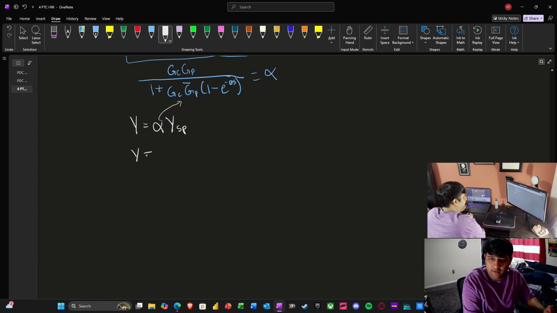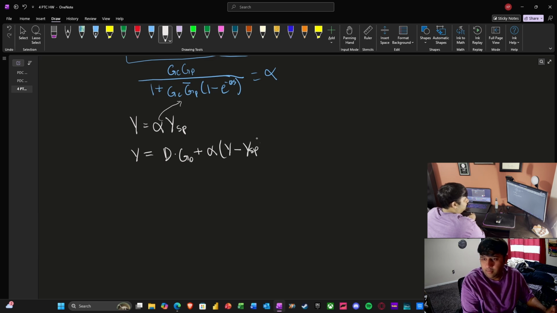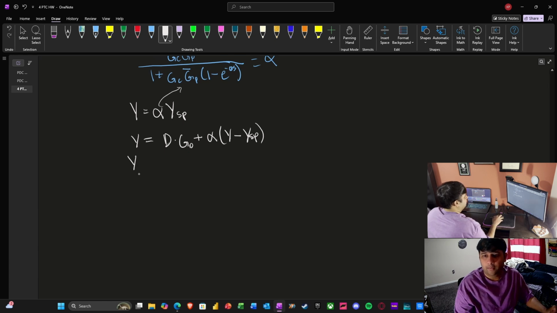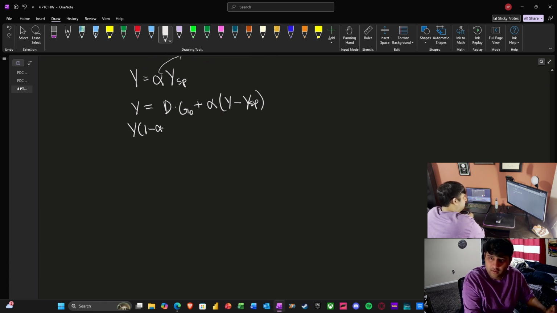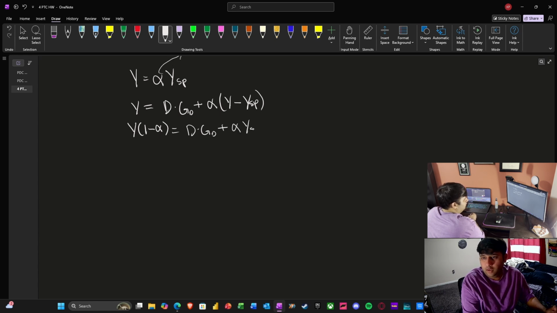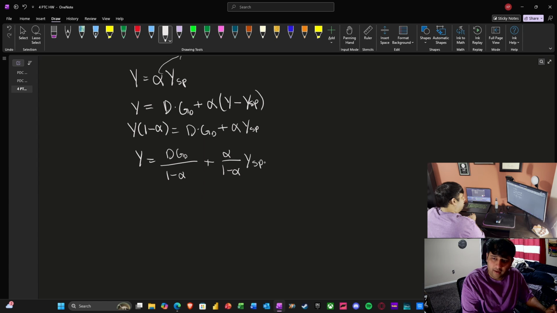So to expand on this and to account for our disturbance and disturbance controller, we do d times gd plus alpha times (y minus y set point), which if we do some simple math, we'll get y times (1 minus alpha) equals d times gd plus alpha times y set point, which then we get y equals dgd over (1 minus alpha) plus alpha over (1 minus alpha) times ysp.